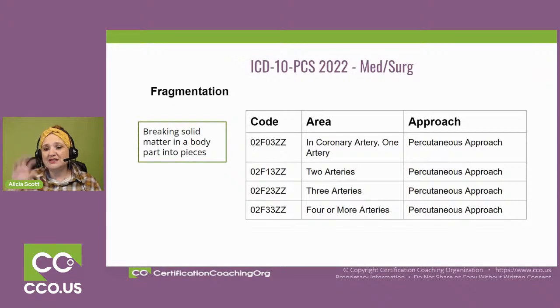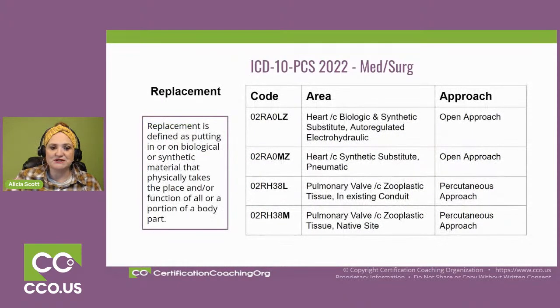If you think about this, what procedure would they be doing where they're fragmenting something, breaking up solid in an artery, right? They're doing some type of atherectomy where they're going in and rotor-rooting out. So again, we aren't using the same verbiage as with CPT. This is actually better in the long run. And this is how the providers talk when they are describing the procedures.